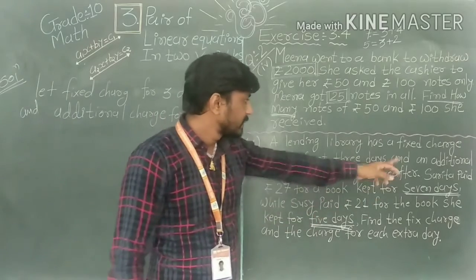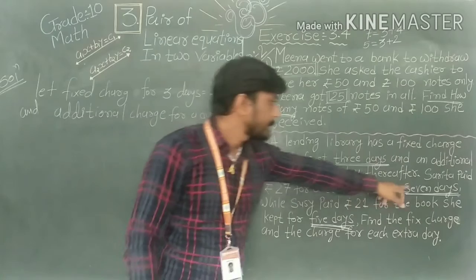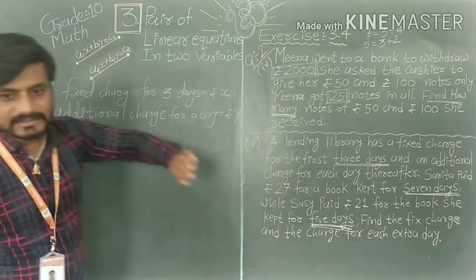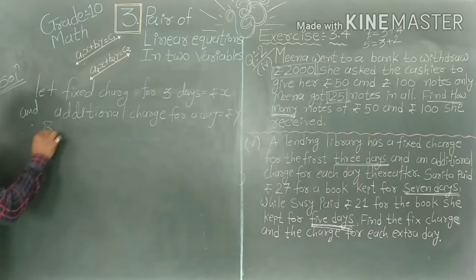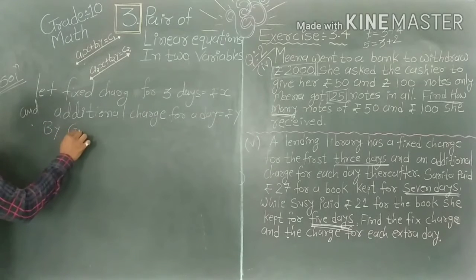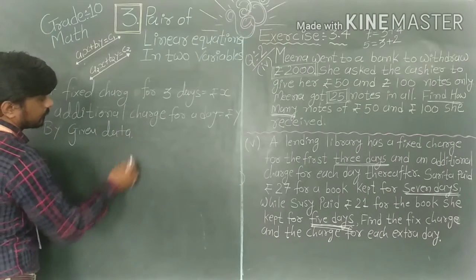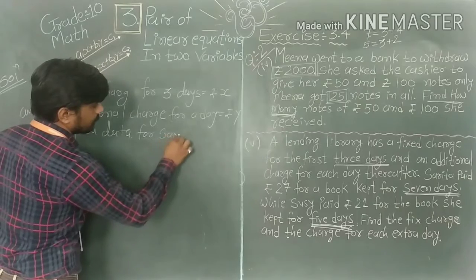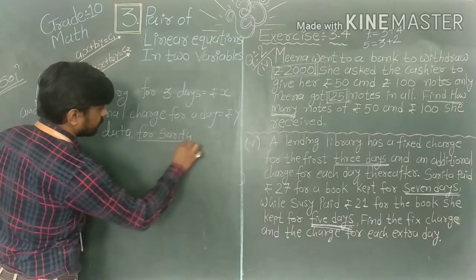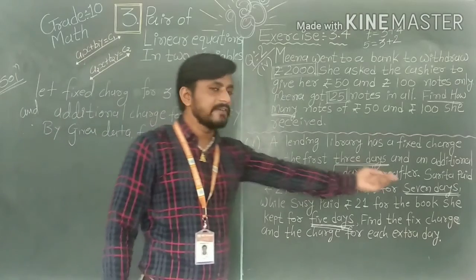Okay, look, Sarita paid rupees 27 for 7 days. Therefore, I write by the given data, for Sarita. Sarita kept the book for 7 days.